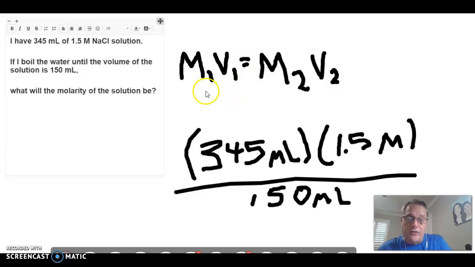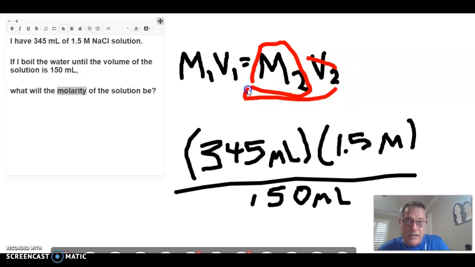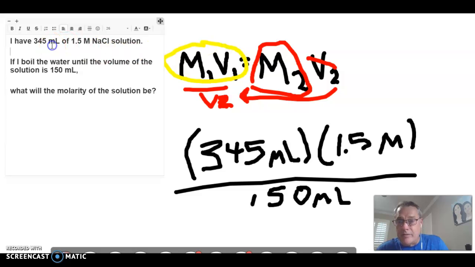All right, so here's our formula, M1V1 equals M2V2. Again, we're looking for molarity, so that's going to be our M2. We got to get rid of V2, so let's put V2 over to this side, on the bottom. Now let's figure out who M1, V1, and V2 are. This is our married couple. Who over here in the problem is married?